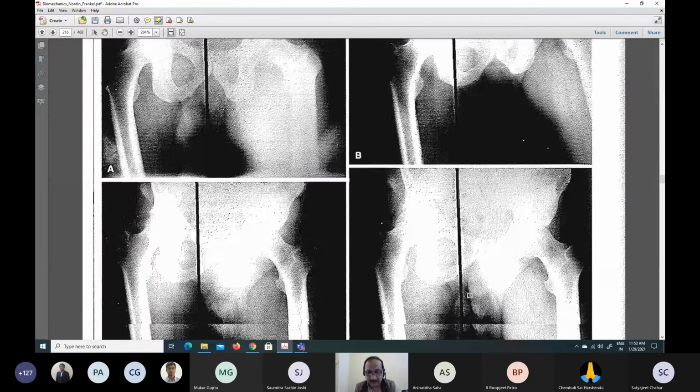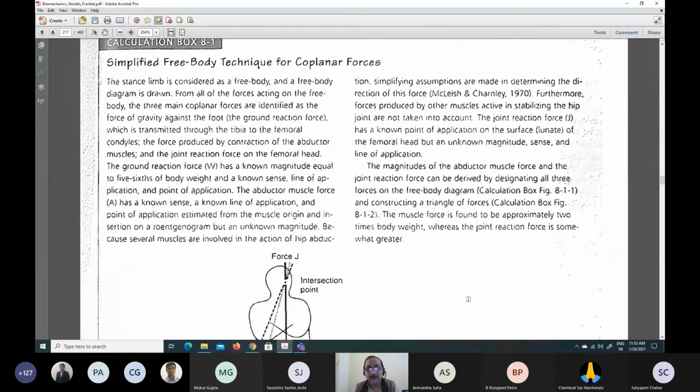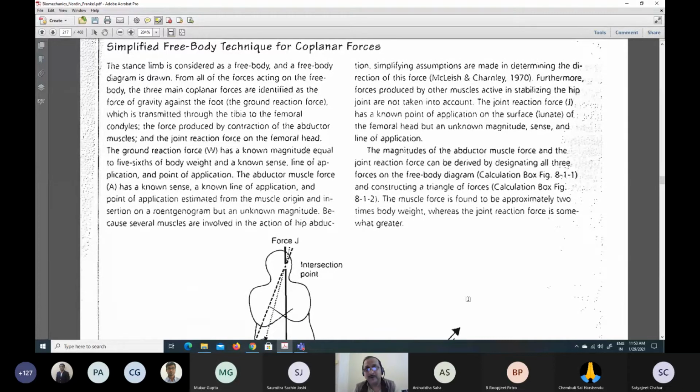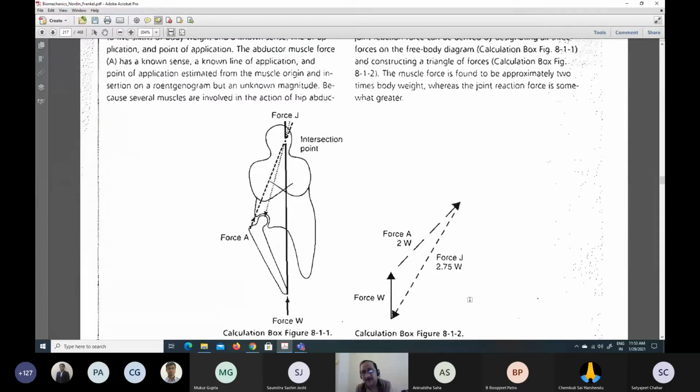Generally, the very preliminary static analysis that I will discuss is on page 211, the simplified free body technique of coplanar forces. Here, from the ground reaction, we have the force acting through the knee joint. This is the ground reaction force.